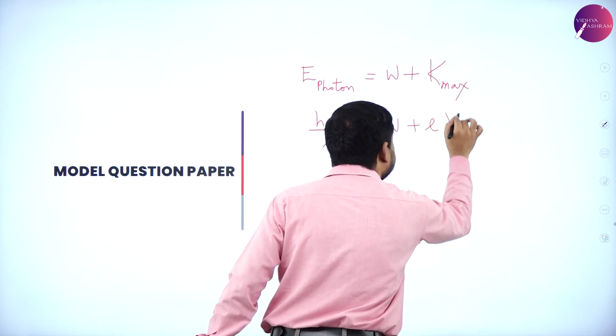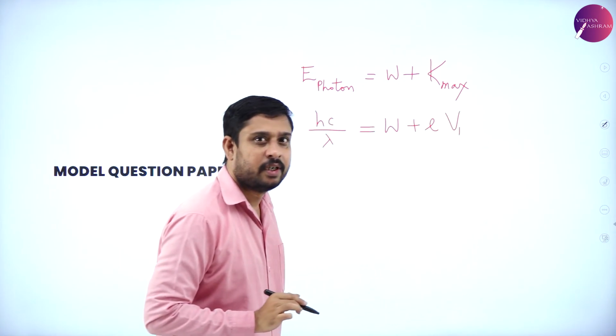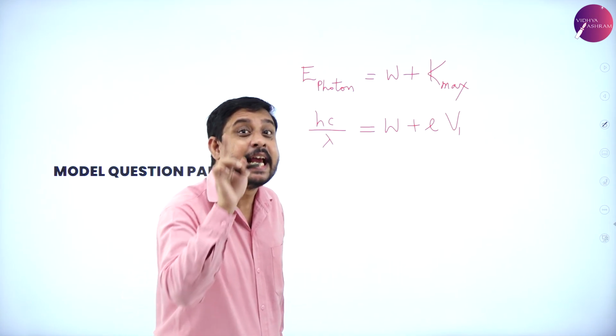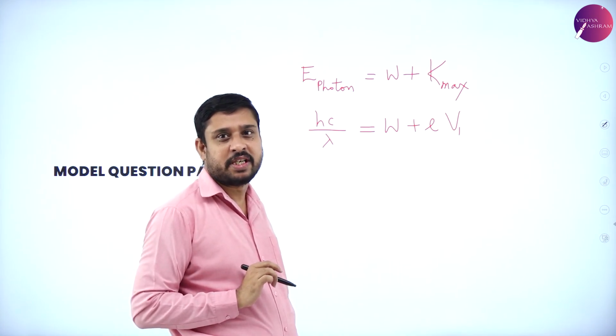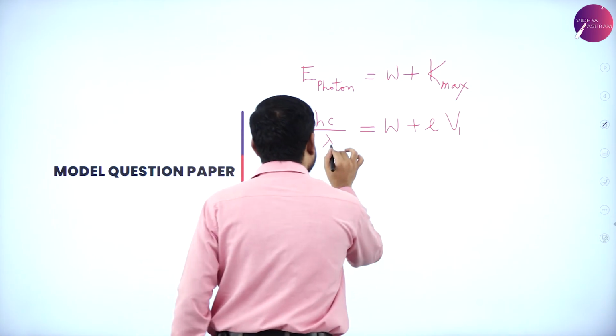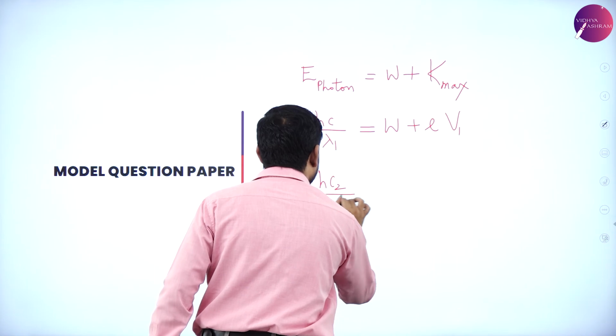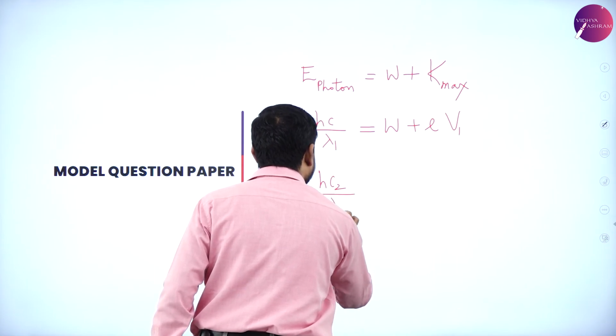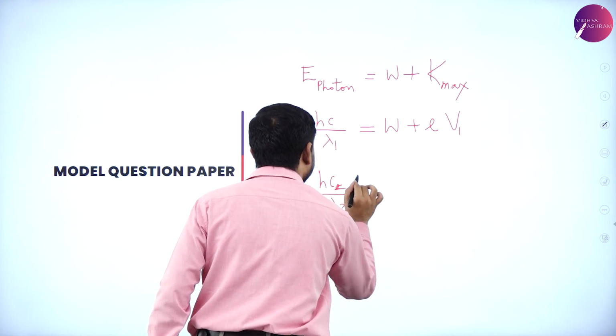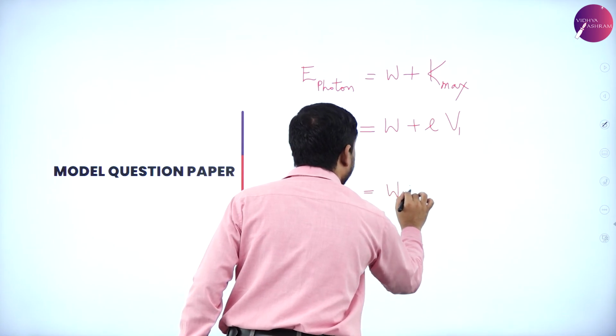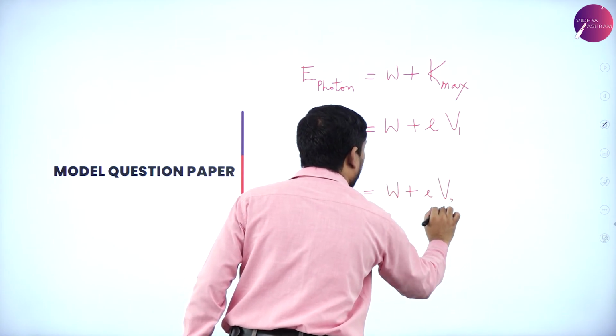Change in stopping potential is required. This is lambda 1, hc by lambda 1 equals W plus eV1, and hc by lambda 2 equals W plus eV2.